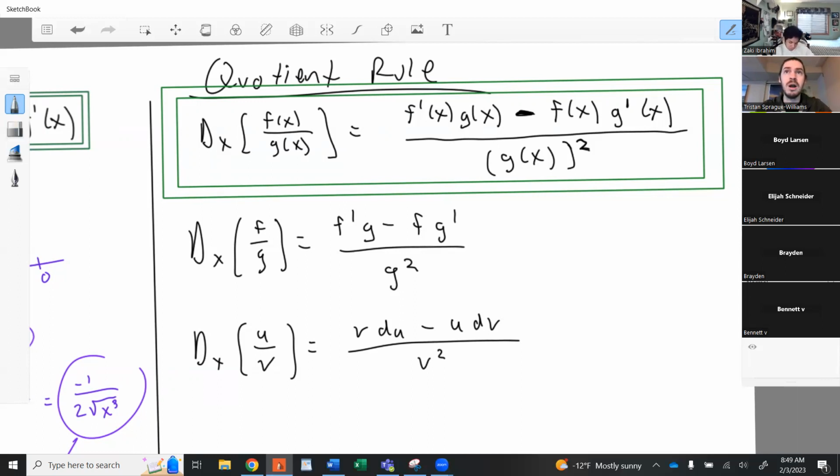U and V are common if you're going to use some other variables, kind of like we did with u substitution. U is especially common as an intermediary variable between x and y, which is basically what this is. The d in this case represents derivative. The d here means derivative of u and derivative of v.